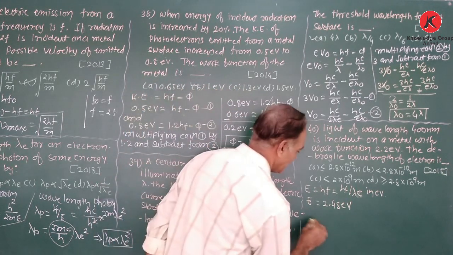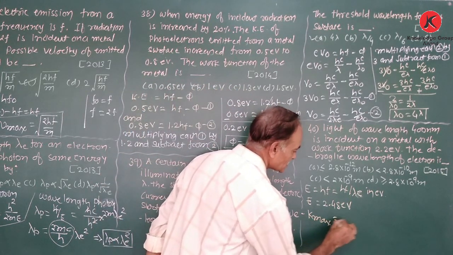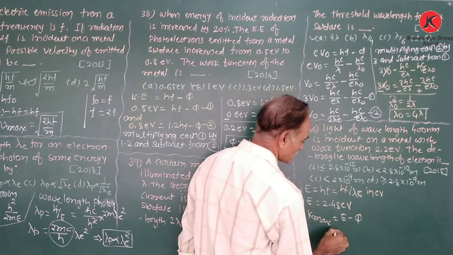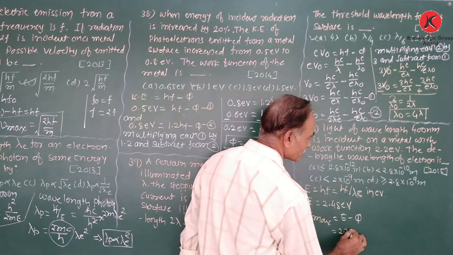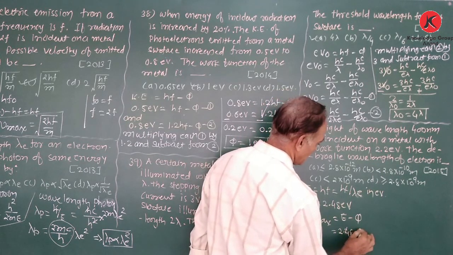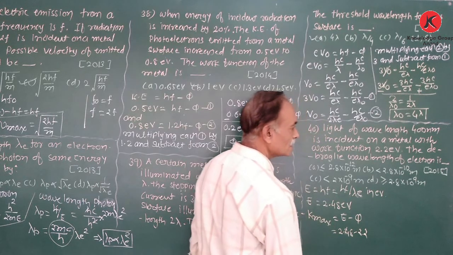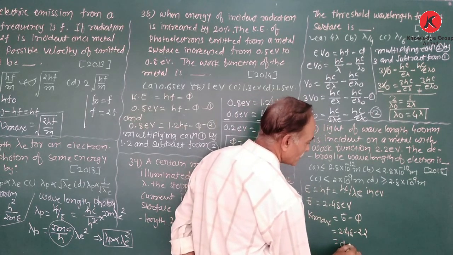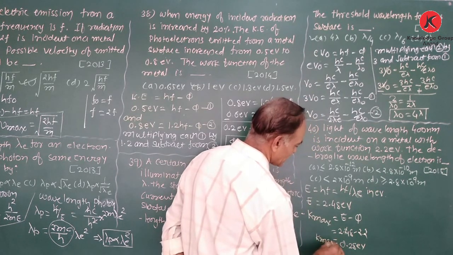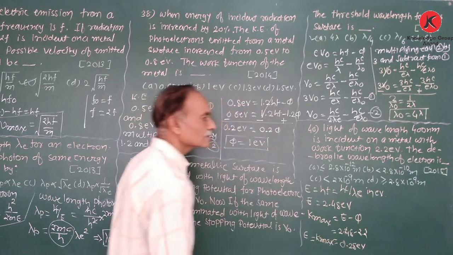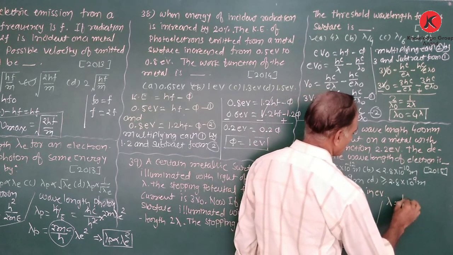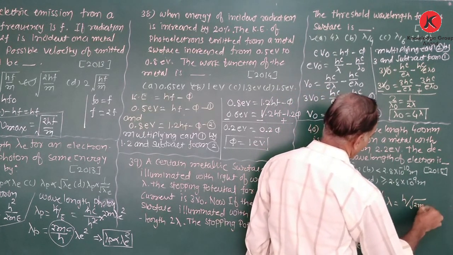Now, the maximum kinetic energy, K maximum, is equal to E minus phi. Work function is given 2.2 electron volt, therefore 2.48 minus 2.2. So we obtain 0.28 electron volt. That is the maximum kinetic energy, K maximum, of the electron. Now, de Broglie wavelength for electron, lambda is equal to h upon under root of 2mE.